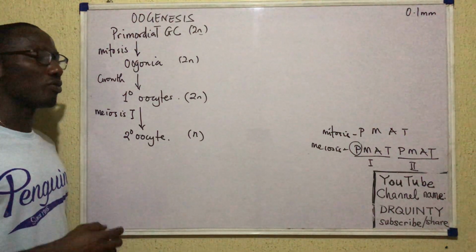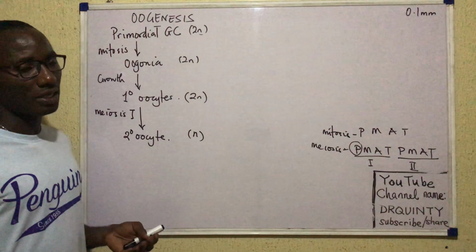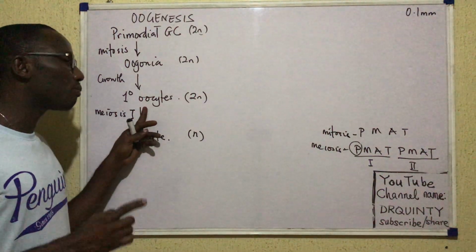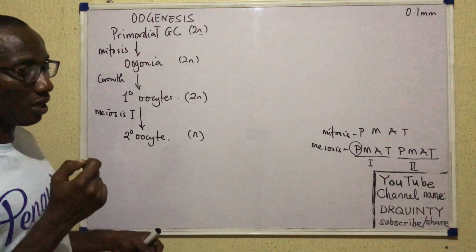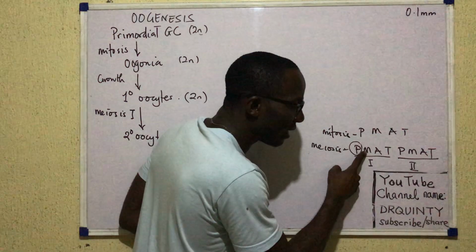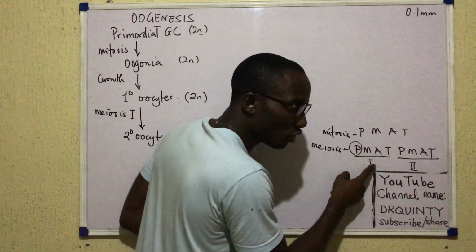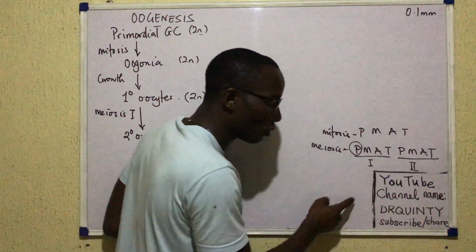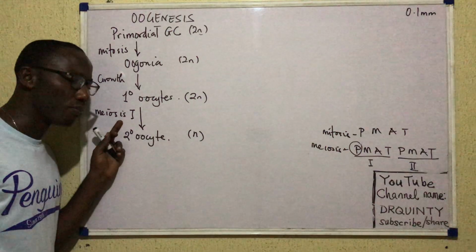That is what we'll talk about later as the female cycle. When that primary oocyte is selected within a particular month, it will now undergo metaphase 1, anaphase 1, telophase 1. Once it undergoes those, we say that meiosis 1 is complete.